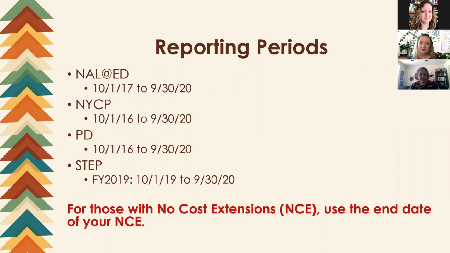For the NYCP grantees, it's from October 1st of 2016 to September 30th of 2020. For PD, the same. And for STEP, it's going to be October 1st, 2019 to September 30th, 2020. You'll notice with all of them, the grant year always starts October 1st and always ends September 30th.